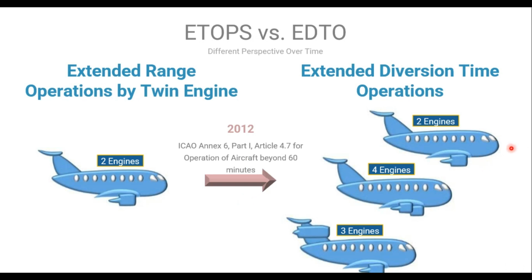And they started to say that any aircraft installed with 2 engines, 3 engines, or 4 engines can fly for extended range. And this will require a little bit of extended fuel, and it will increase the flight hours of the aircraft. But at the same time, it will depreciate the aircraft a little faster. So you get more money, you can perform better flights, but you get a little bit less value for your aircraft.